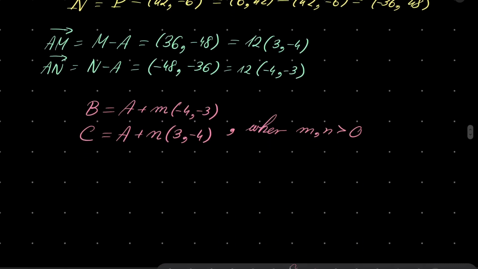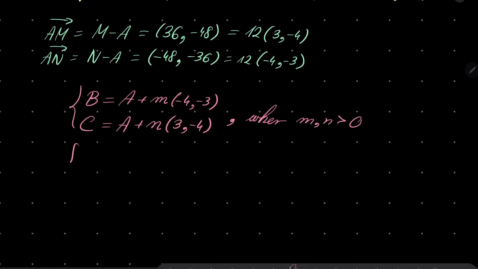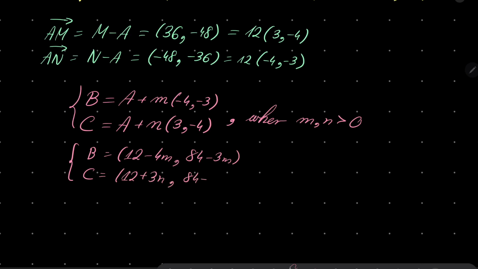So in other words, our points B and C can be written, B is 12 minus 4m, 84 minus 3m, and C is 12 plus 3n, 84 minus 4n.